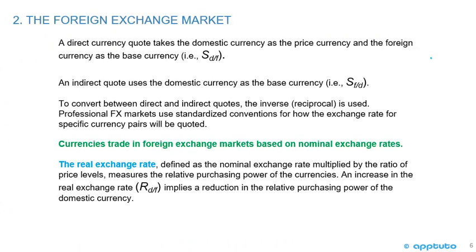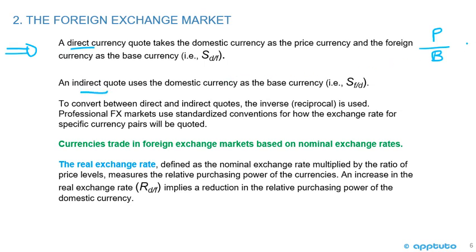Yes, so we just did that last slide on the conventions for the naming convention and what currency is the price and which currency is the base, because that leads into the next point, which is really important to understand: the difference between a direct currency quote and an indirect currency quote, okay?